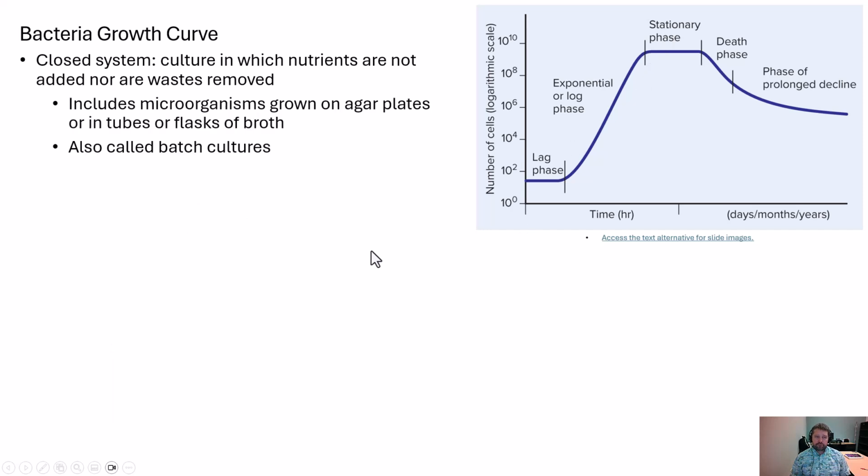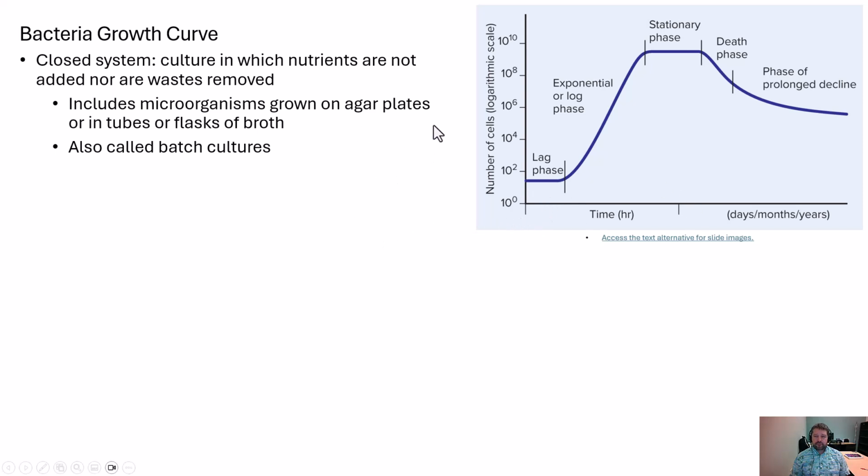But it will always reach a carrying capacity. They always reach a K, and the carrying capacity will be determined by, in this case, a closed system, how much nutrients, what kind of nutrients are there, and how many individuals you started with.